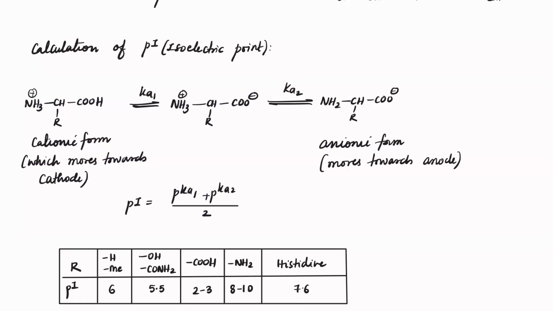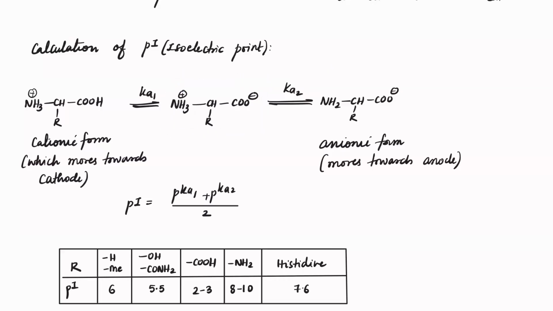Now the pI, that is the isoelectric point, would be somewhere in between these. This is the composition you need to get. If this composition has to increase, the forward direction dissociation should increase and the backward direction dissociation should decrease. That will keep most of the solution in this form.